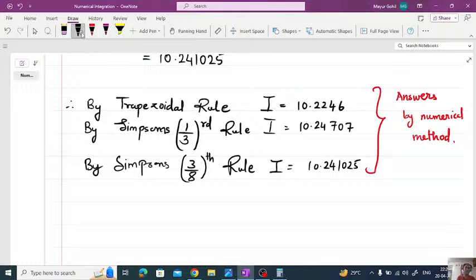Now when you calculate the original answer, I equal to integration. What is that original question? The original question we had taken was 0 to 3, e to the power root x dx. If we integrate this, what is the answer? You can integrate this in your calculator also.